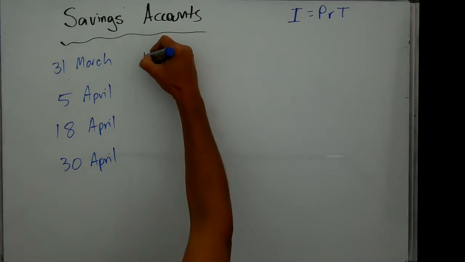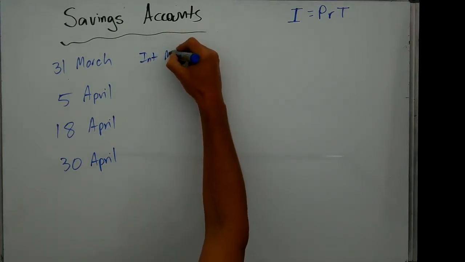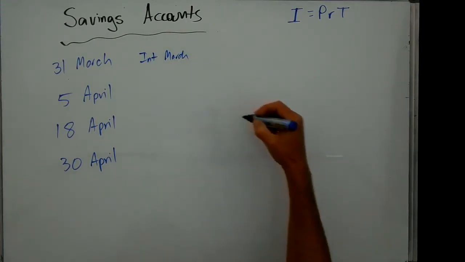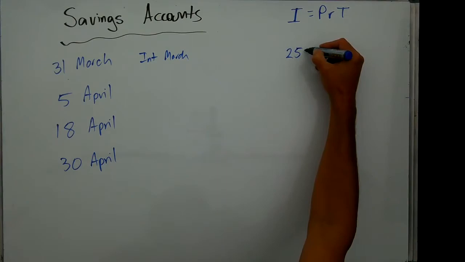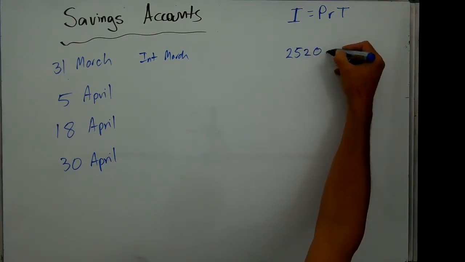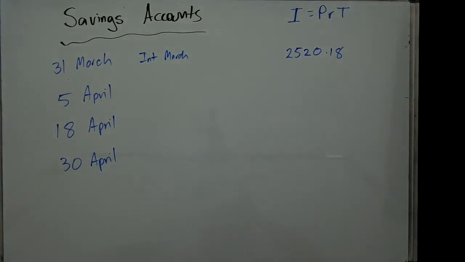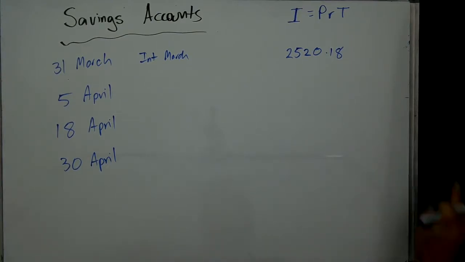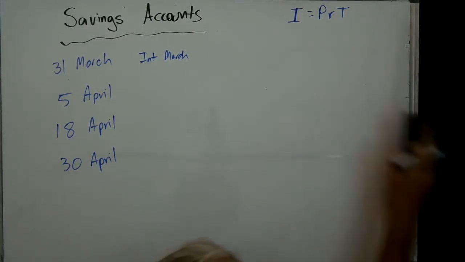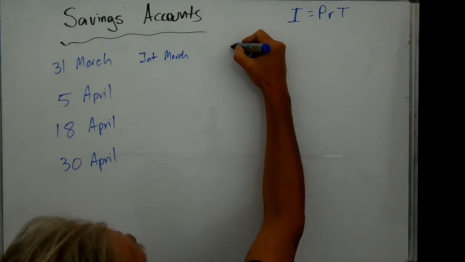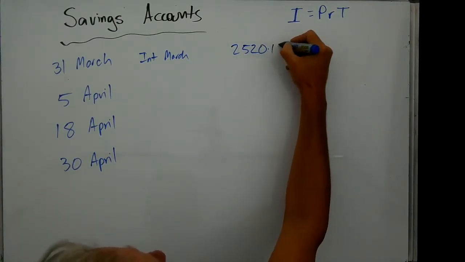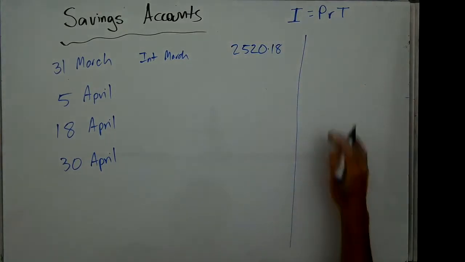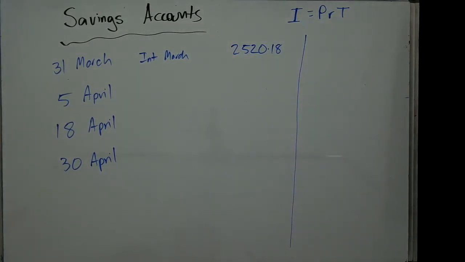So this is the interest for March added in. And so the balance here is $2,520.18. Actually, I'll move this across a bit. We can leave space for calculations.